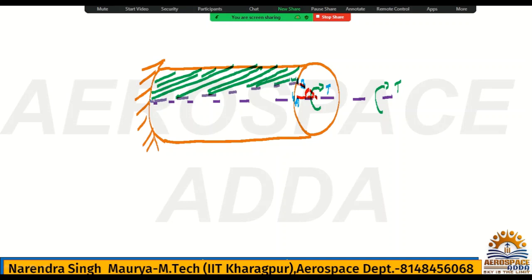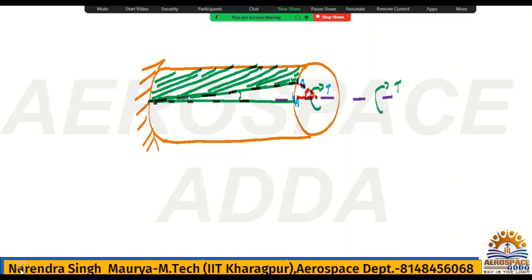Here, after deformation, you may have this angular deformation, and this is nothing but the angle of twist, or let's say theta.